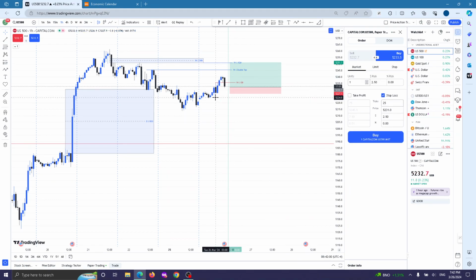Low of this candle is 5226.9. 6.9. Shifted to 6.9.